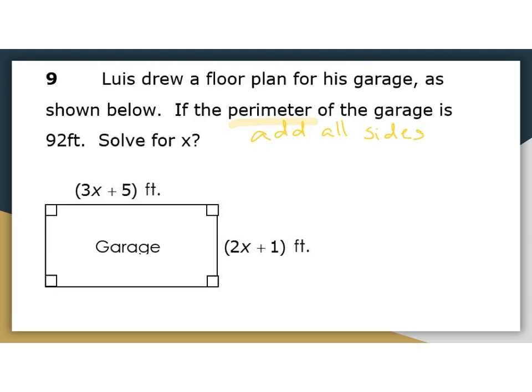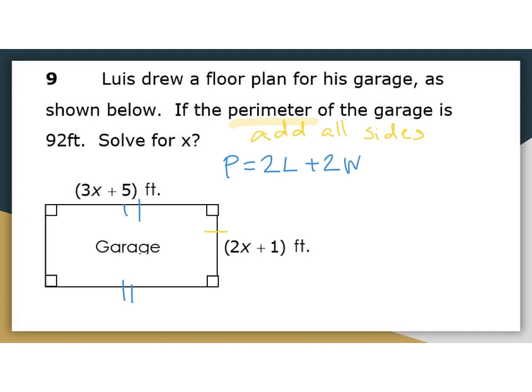A rectangle, as we see here, has the sides, which are congruent, and the top and bottom, which are congruent. So when you're doing your perimeter, the formula is going to be 2 times whatever the length is plus 2 times whatever the width is.